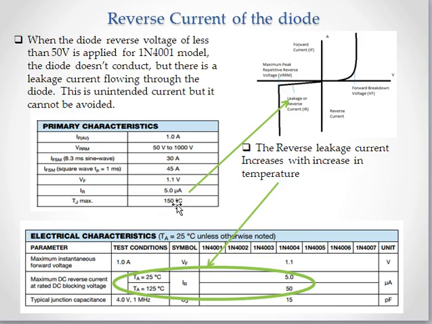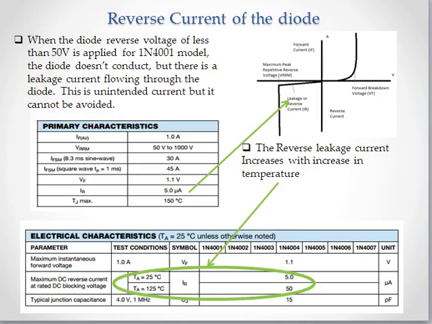Again, when we discussed the diode specifications previously, we saw that some of the specifications depend on the temperature. Similarly, for the diode, the reverse leakage current is again dependent on the temperature.